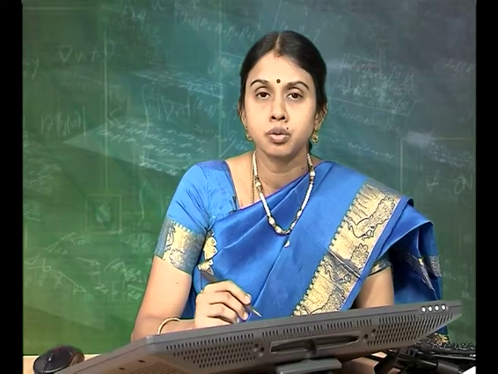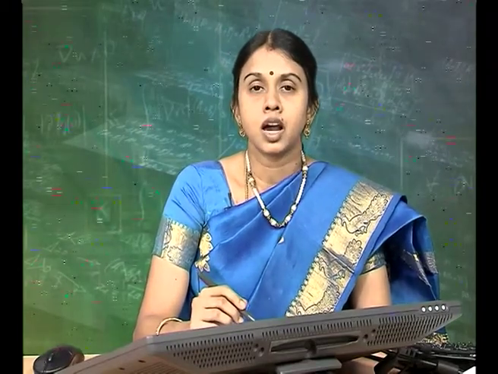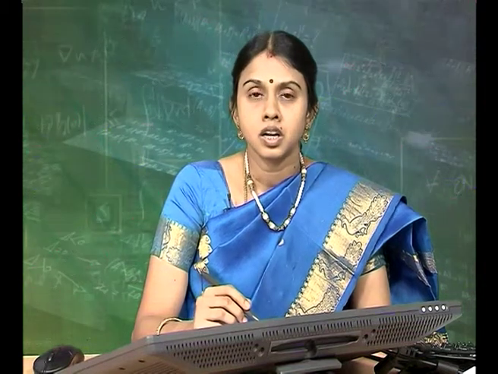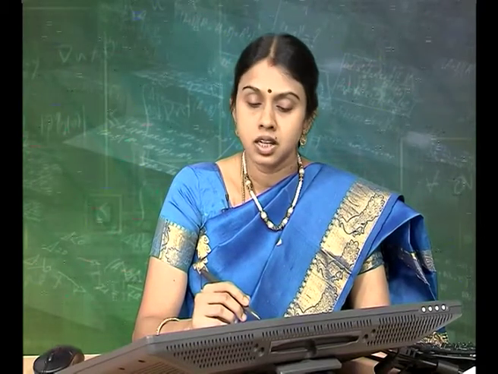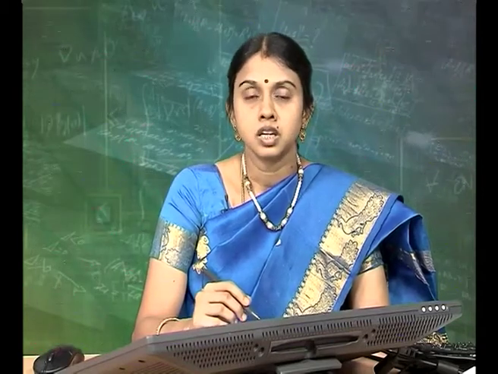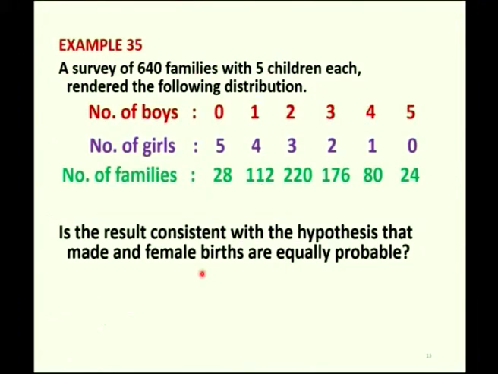Therefore, we are going to use the binomial distribution for calculating the expected frequency, and after calculating it we are going to calculate the chi-square, and then compare it with the tabulated value and see whether the binomial distribution with equal probability is suitable for this case, that is, whether male and female births are equally probable or not. So, that is the identification we have done with this problem.